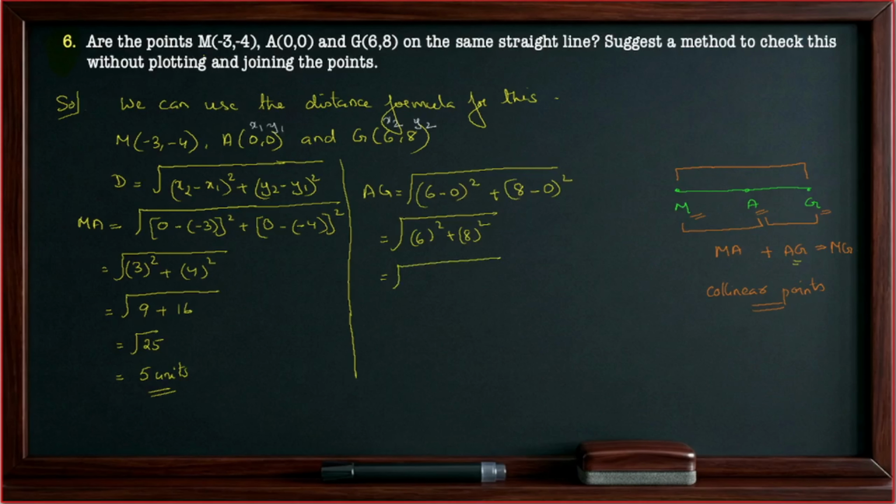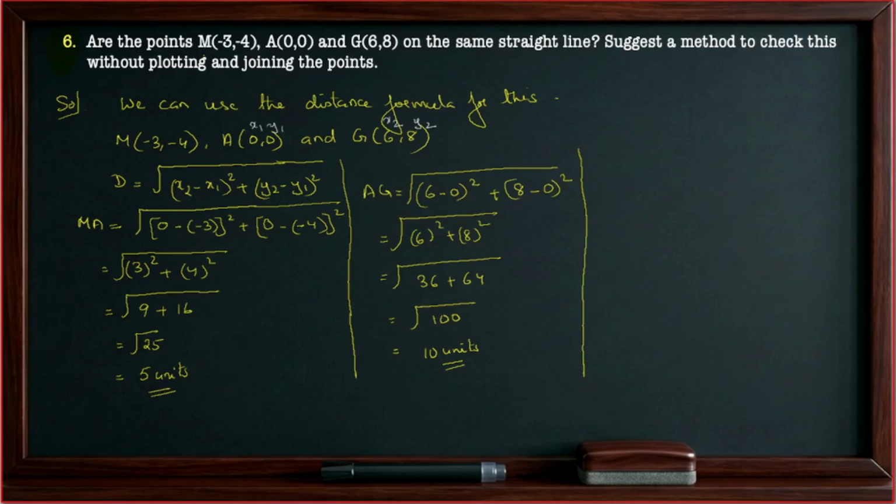That is, 6 square is 36 plus 8 square is 64, which is equal to root 100. It is 10 into 10 and this is in a pair, so we'll only take one 10 out. So the answer is 10 units. So AG, we got the answer as 10 units.